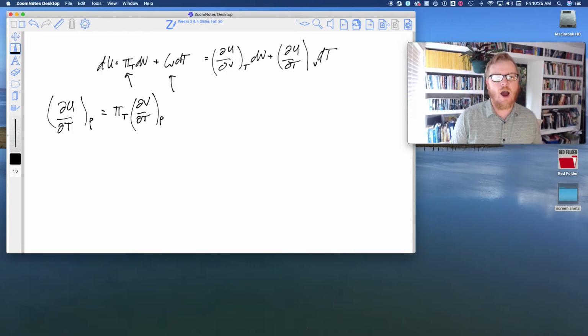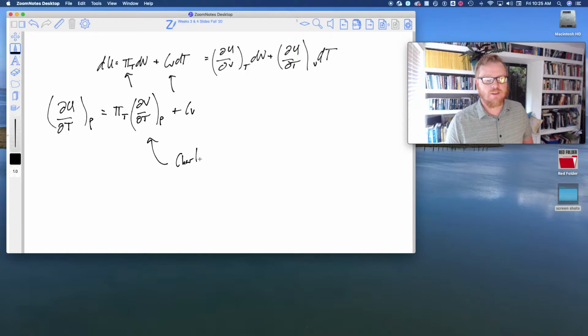Then dT over dT cancels, so that ends up just being plus C_V. Now we're going to play with this relationship, the partial of V with respect to T at constant P, and as it turns out, that's the slope of Charles' law.